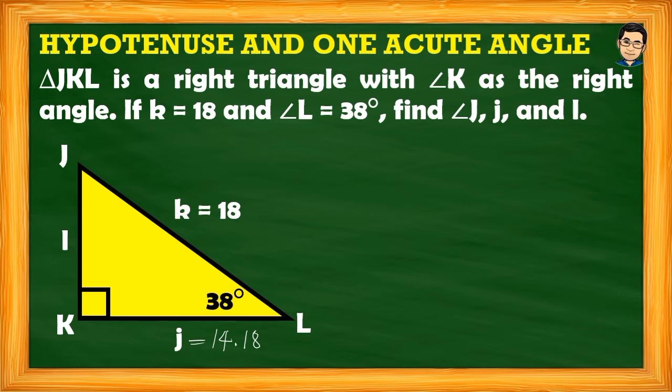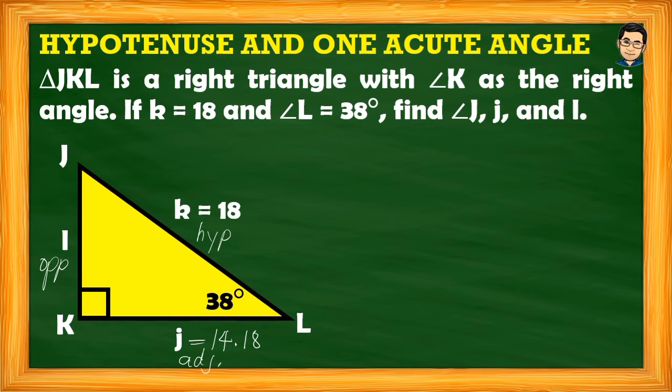So, ang next naman natin is L. Okay, so dito naman, L ang hahanapin natin, ano ang gagamitin nating function. Okay, so ang opposite side ng angle L natin is L. Angle L is L mismo, syempre. So, ito ang opposite. Itong hypotenuse. Ito ang adjacent.